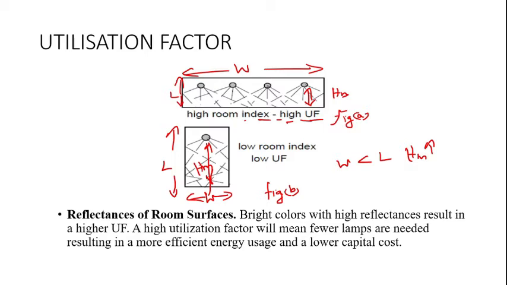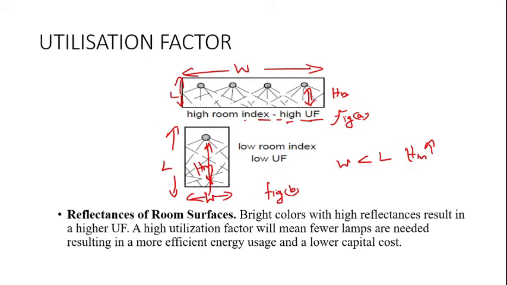High contrasting means the reflection of incident light will be maximum, while low contrast colors reflect little and absorb most of the incident light. That also affects the utilization factor, that is, the lumen actually reaching the working plane.